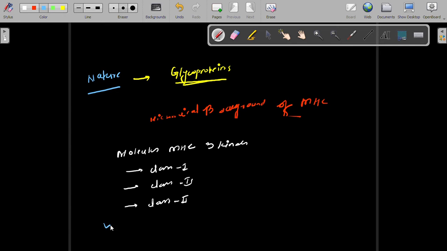Class 1 MHC molecules are found in all nucleated cells. So any nucleated cell inside the body contains the class 1 MHC.